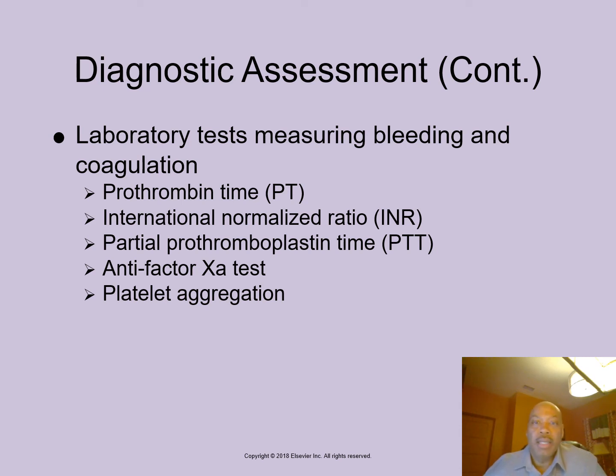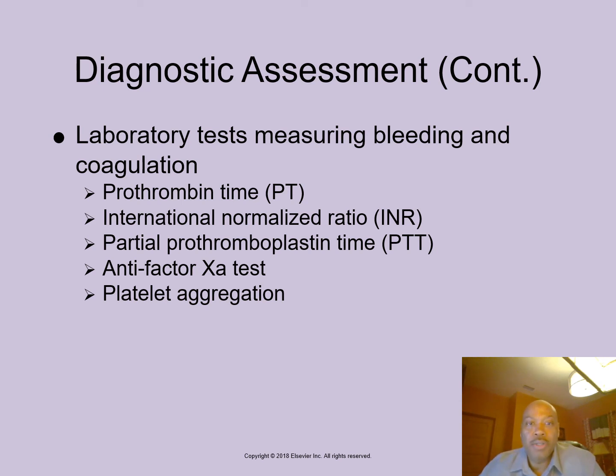The INR measures the same process as the PT that I just mentioned, establishing a normal mean or standard for the PT. So patients on Coumadin or warfarin need their INR range between 2 and 3 in order to prevent blood clots.